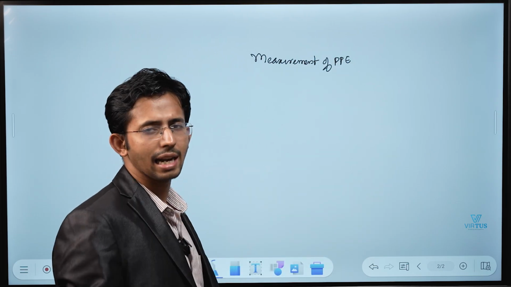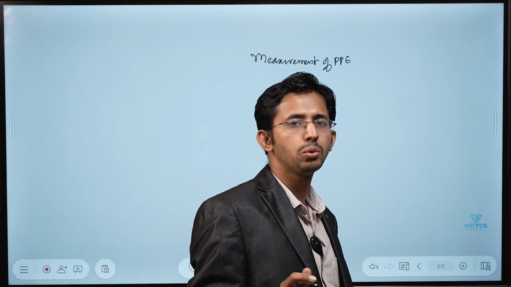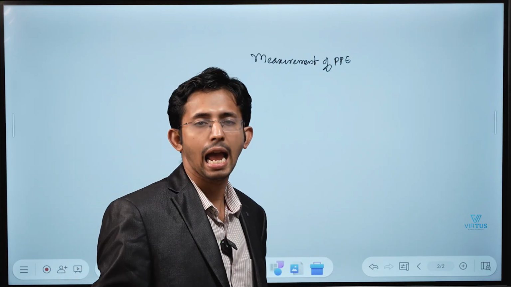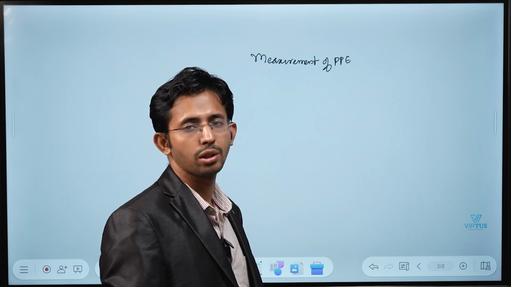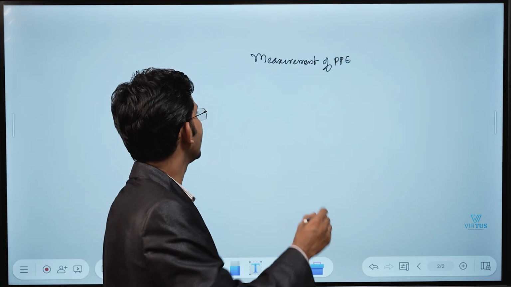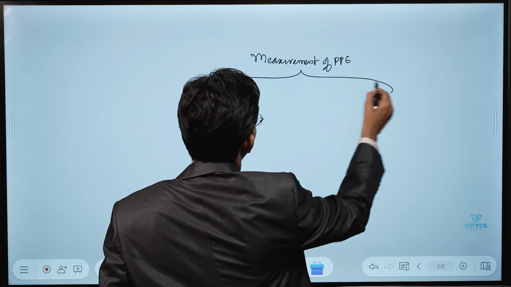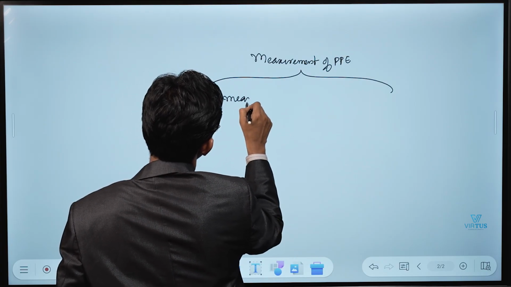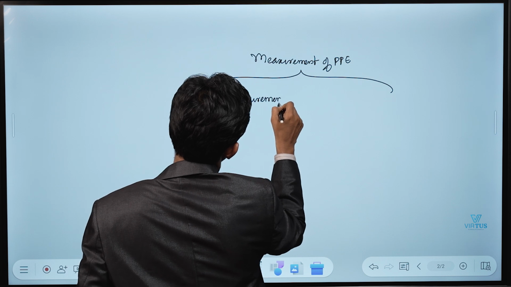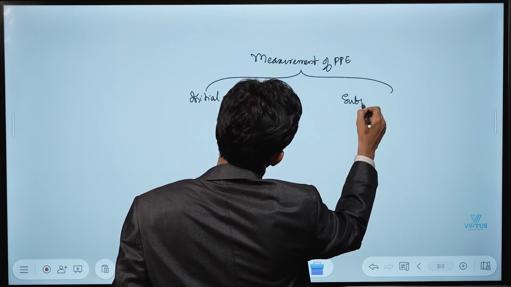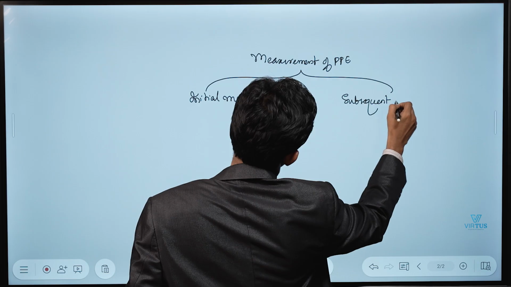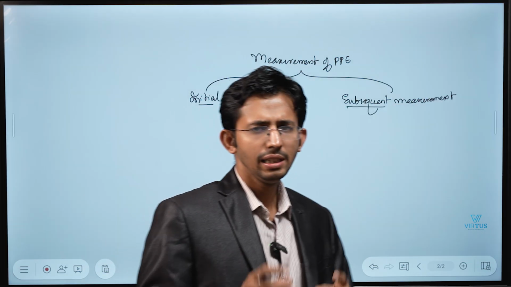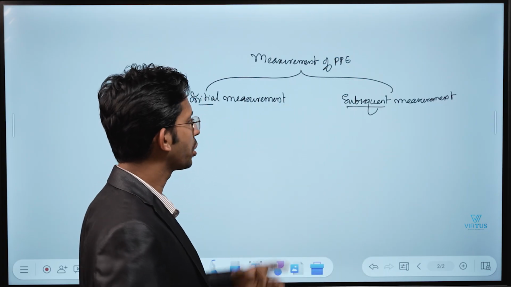Having decided to recognize it in the financial statements, you have to measure at what value it has to be recorded. That is the second thing. Here also you have two things: one is initial measurement, and the next is subsequent measurement.